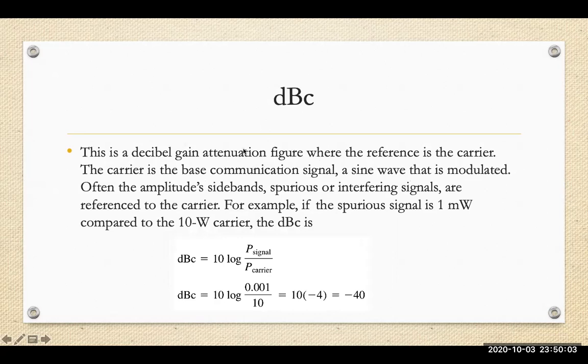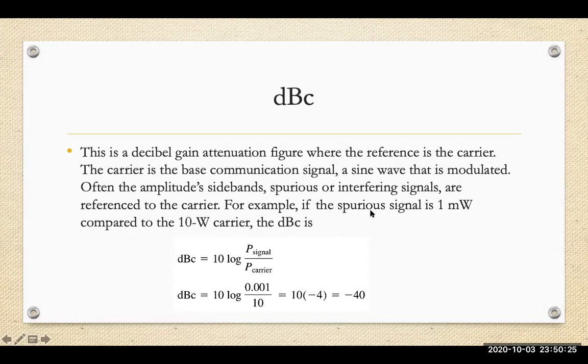For dBc, this is a decibel gain or attenuation figure where the reference is the carrier. The carrier is the base communication signal, a sine wave that is modulated. Often the amplitude sidebands, spurious or interfering signals are referenced to the carrier. Again, the reference is the carrier.